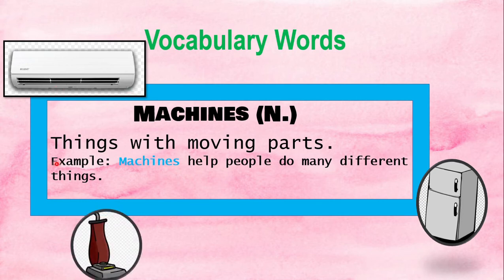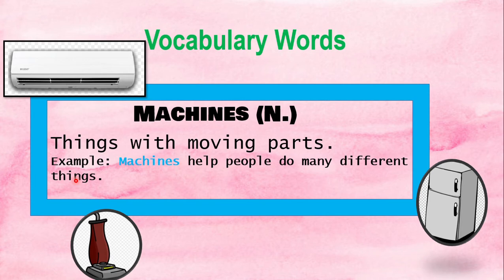Or a vacuum cleaner is a machine. So any machine has moving parts that make it work. Example: machines help people do many different things. Machines make our everyday life easy, right?